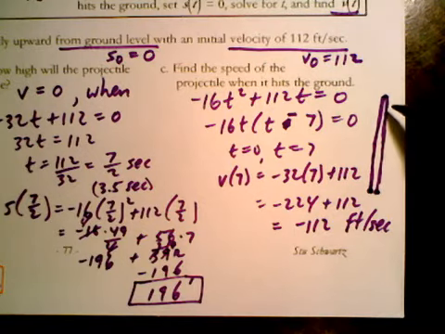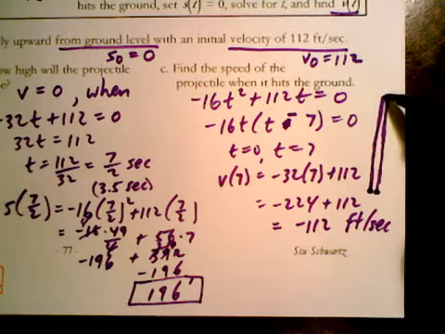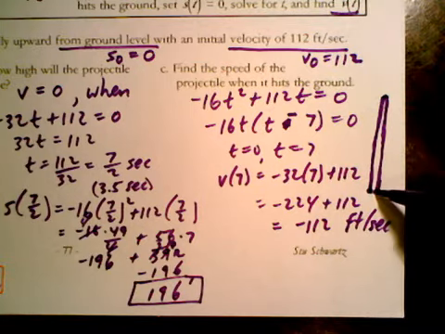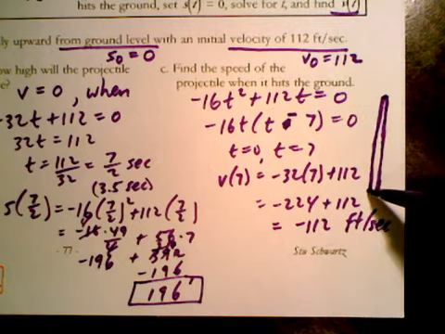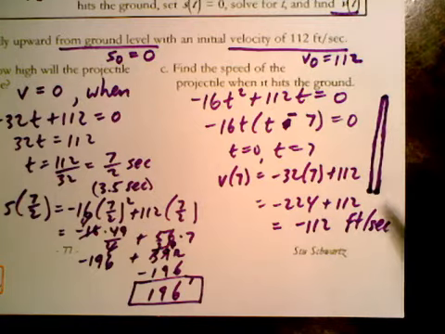And this is why we don't shoot bullets into the air, because the velocity that the bullet hits the ground with is the same velocity as it left the gun with, which is really fast, in case you were wondering.